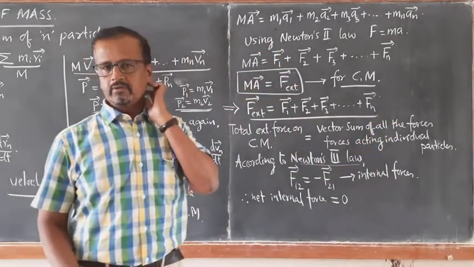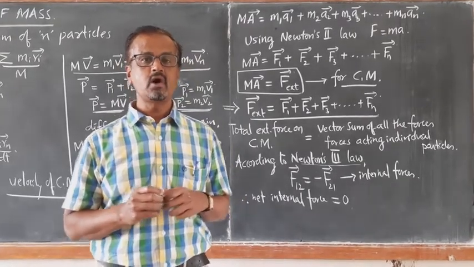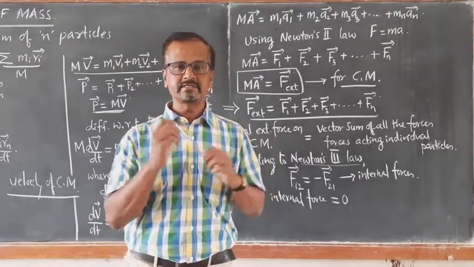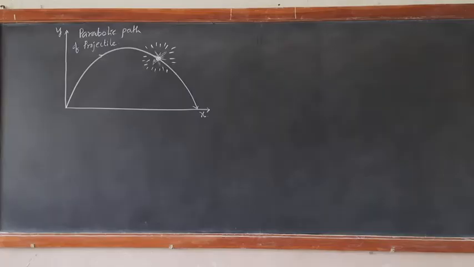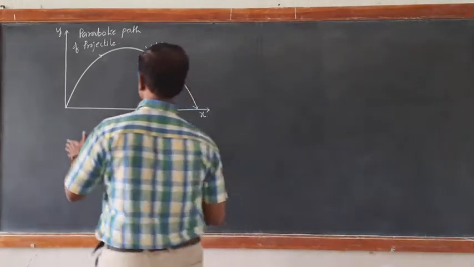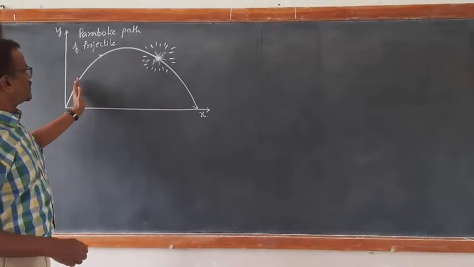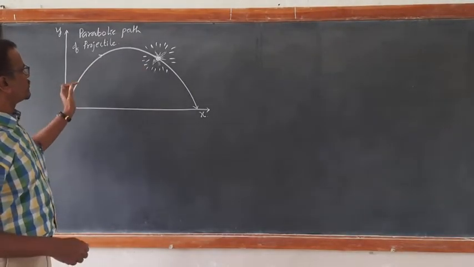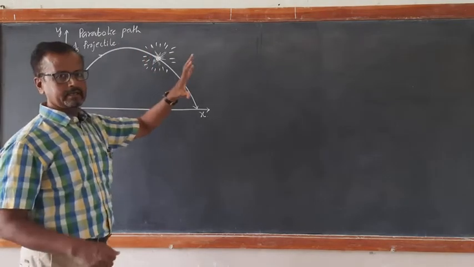Okay. Now let us consider one example, to understand the meaning of internal forces and how the internal forces cancel each other. Consider a projectile which is thrown into the air and explodes like a cracker.